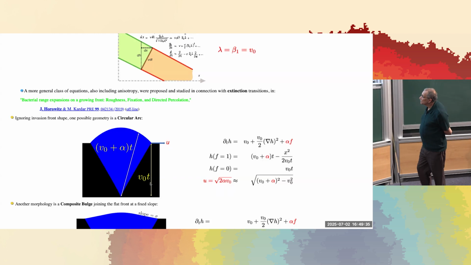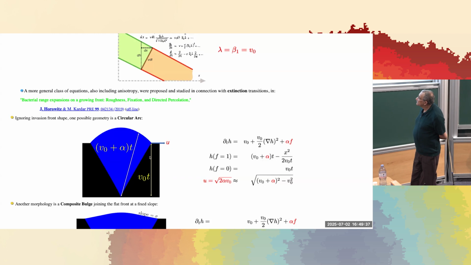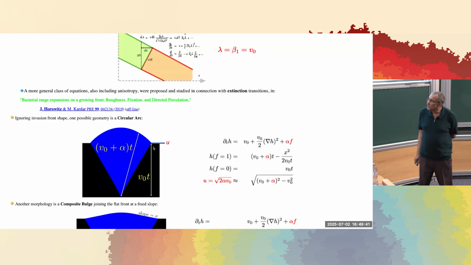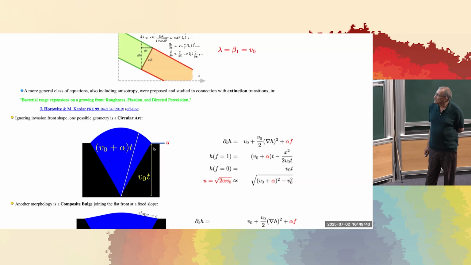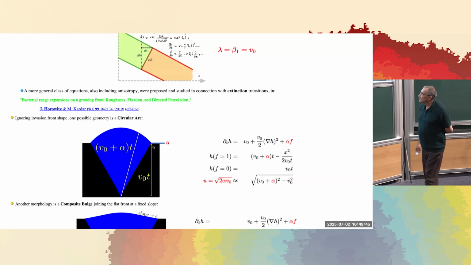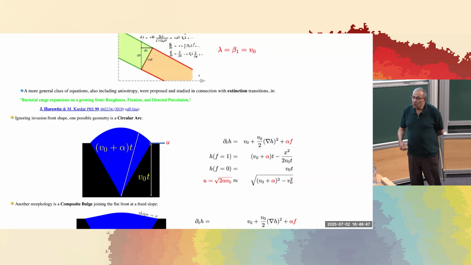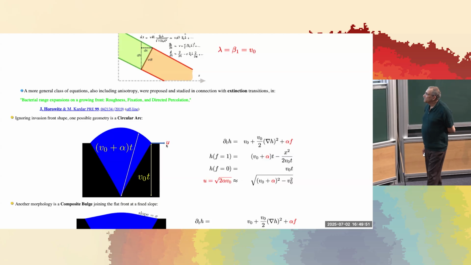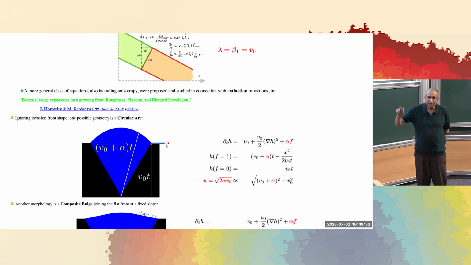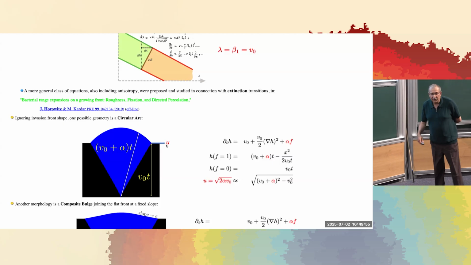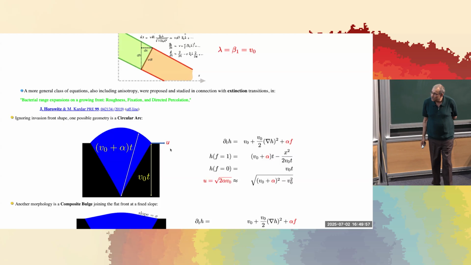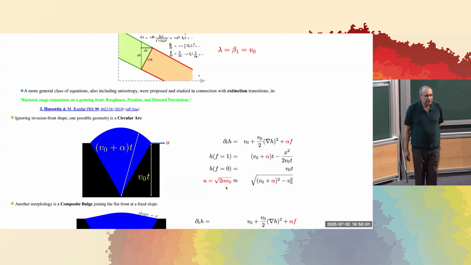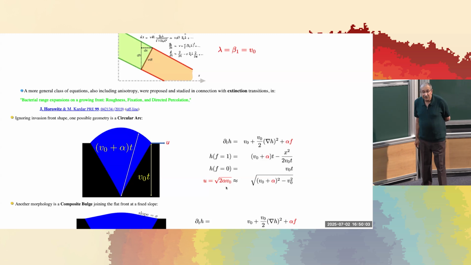So that's one possible morphology. If that is the case, then the boundary between the blue and black in the horizontal direction will be moving to the right with a velocity u, which you can simply get by geometric construction: the square root of (v0 plus alpha) squared minus v0 squared, which to lowest order is just this square root function. Okay, that's one type of solution.